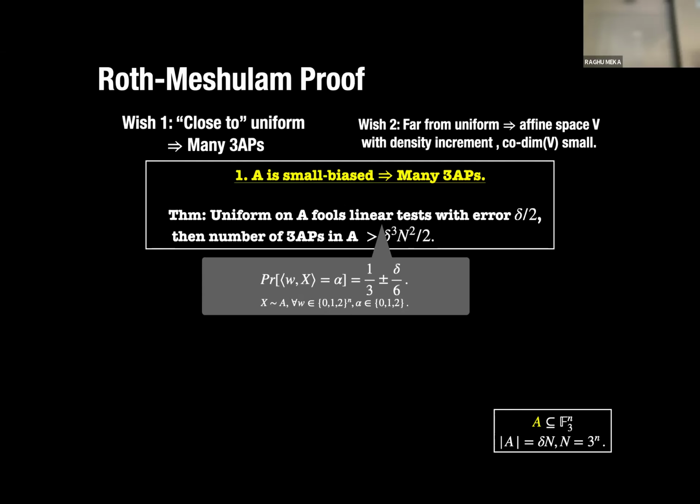All of these values should be equally likely. And we're saying it fools linear tests with error delta if every one of these probabilities is very close to 1/3, it's 1/3 plus or minus some delta over 6.